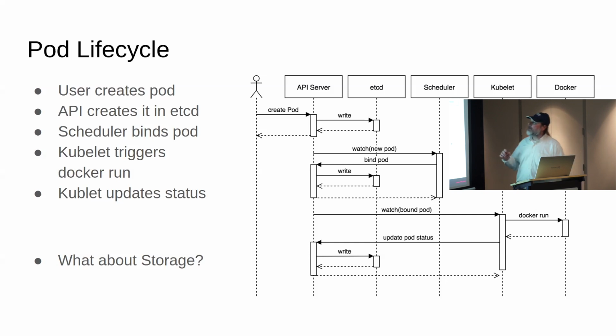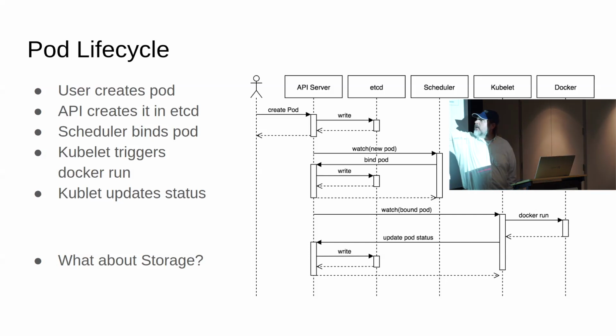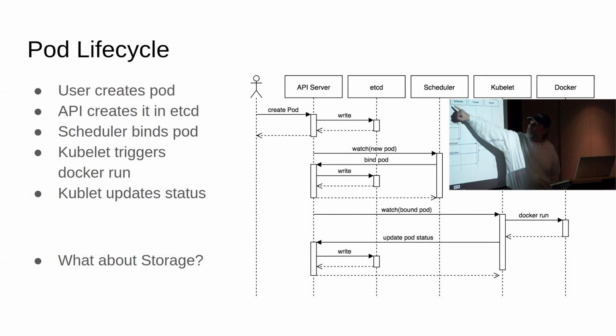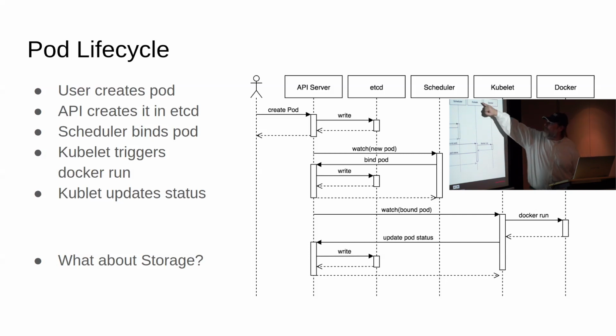So your user does an API call that writes to etcd, and then when the scheduler wakes up, it sees this stuff in etcd, and it writes more stuff to etcd about where the pod should be. Then kubelet wakes up and asks etcd, what's supposed to be on here?